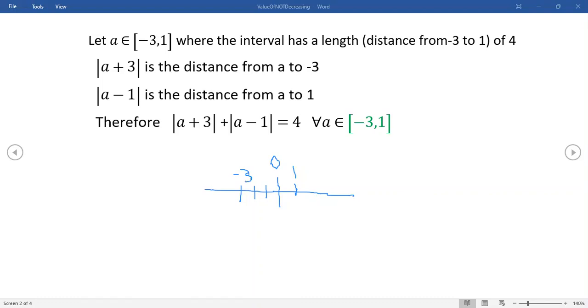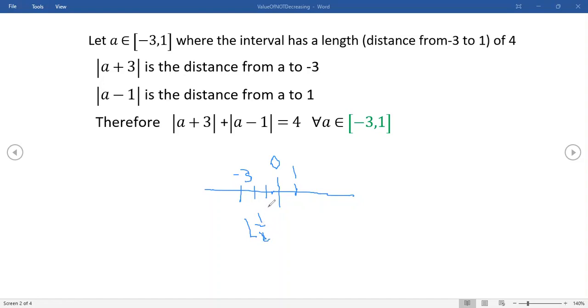So folks, you can see real easy. Let's say we pick a number right here, say -1/2. The distance from -1/2 to -3 is 2.5, right? I'm trying to draw the 2.5 right there.